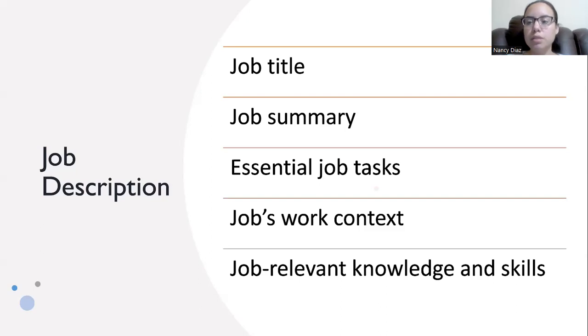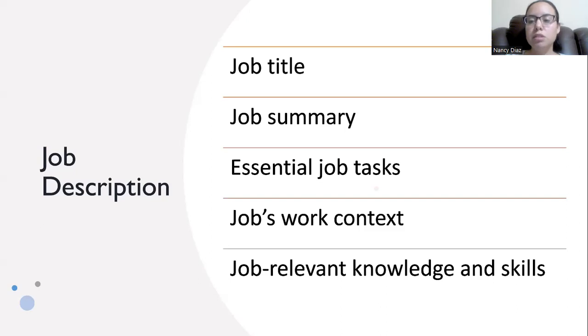The job work context includes information in regards to the background, the location where you're going to be, perhaps physical conditions or mental stability, things that are required from you in order to perform well in this job position.